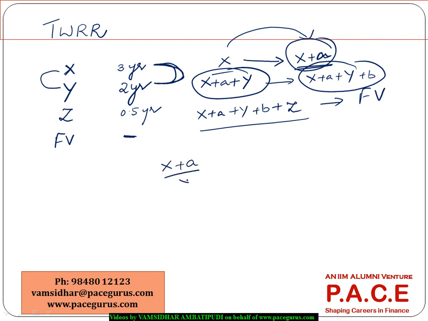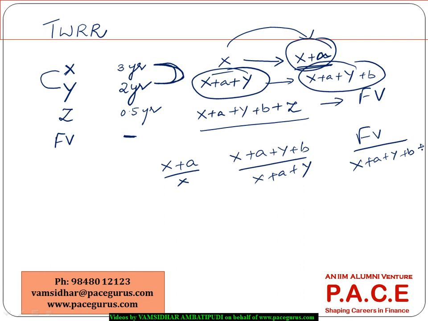The rate of return in the first stage is X plus A by X. The rate of return in the second stage is X plus A plus Y plus B by X plus A plus Y. And the return in the third stage is FV divided by X plus A plus Y plus B plus Z. So this is the fund return in the first period. Once the Y got added, this is the return that the fund could generate, and this is the return that the fund could generate.